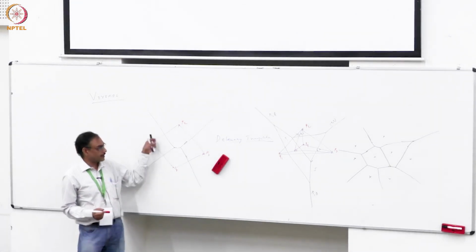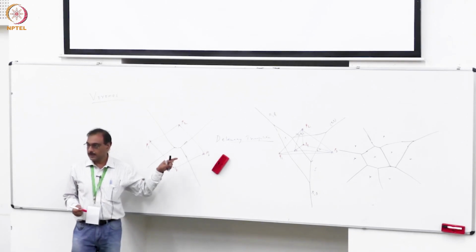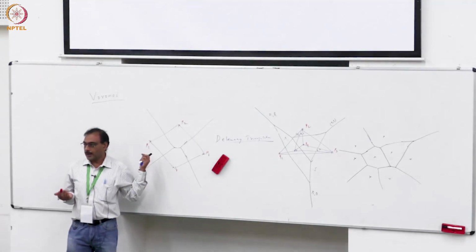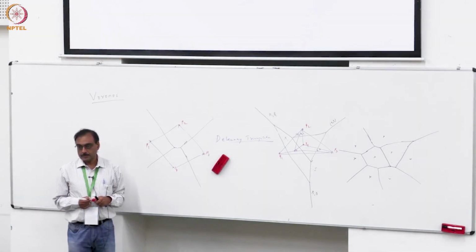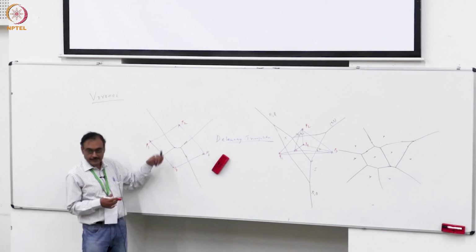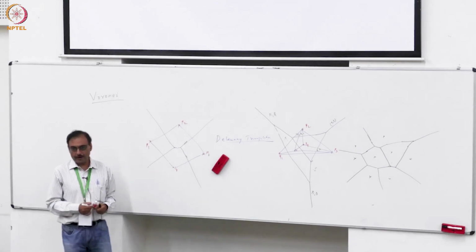Now, if there is a Voronoi edge between P1 and P3, what will be the corresponding Delaunay edge? No, that is a wrong diagram, but I want to explain the wrong phenomenon also.